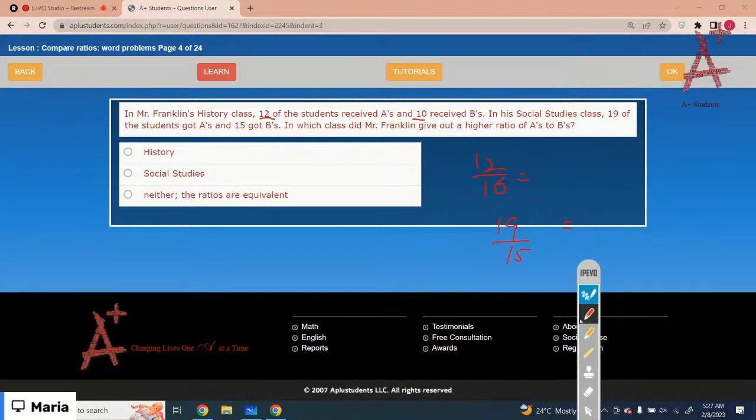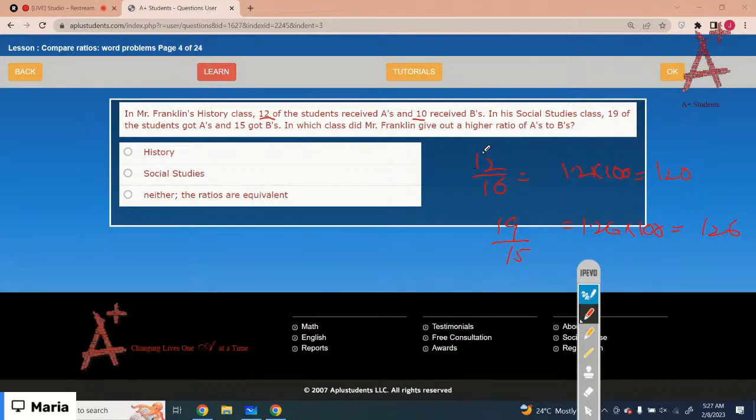So you have to calculate the higher ratio. Just divide 12 by 10. That would be 1.2, and 1.2 times 100 equals 120. Okay, the next one is 19 divided by 15. That is 1.26. Multiply by 100, so it would be 126.